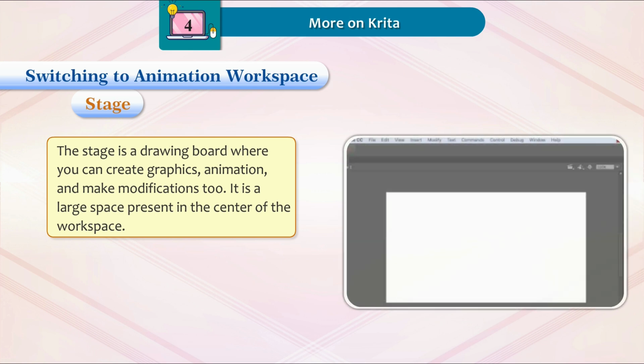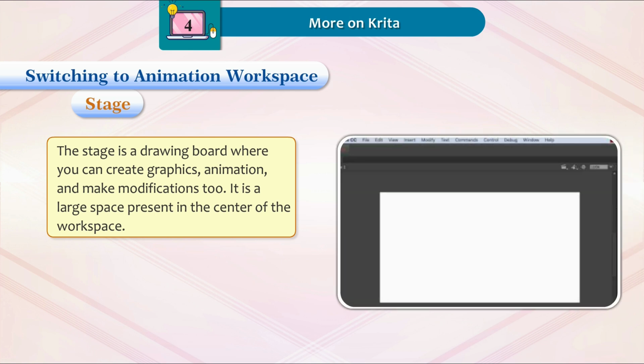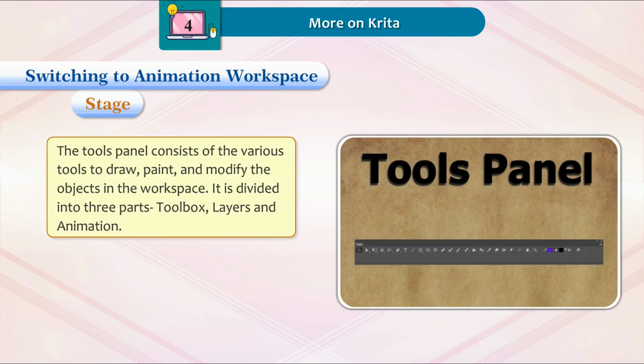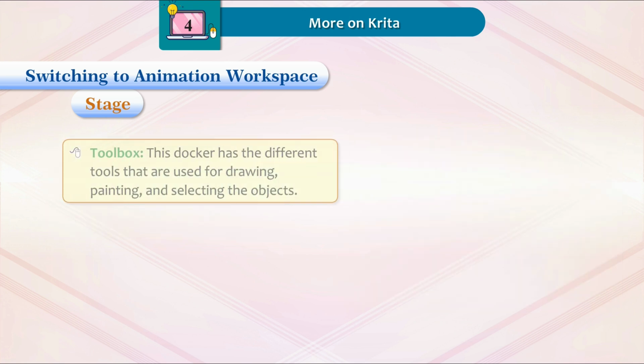Stage. The stage is a drawing board where you can create graphics, animation, and make modifications too. It is a large space present in the center of the workspace. Tools panel. The Tools panel consists of the various tools to draw, paint, and modify the objects in the workspace. It is divided into three parts: Toolbox, Layers, and Animation.